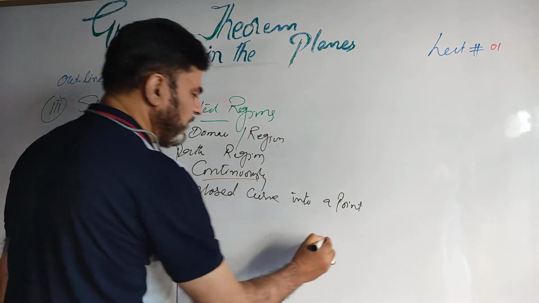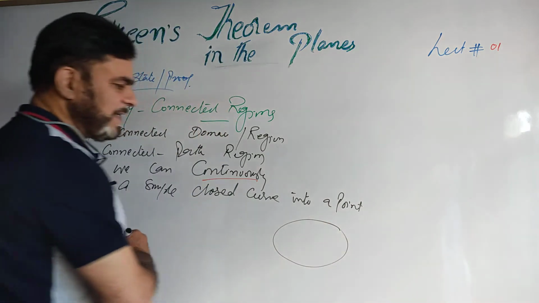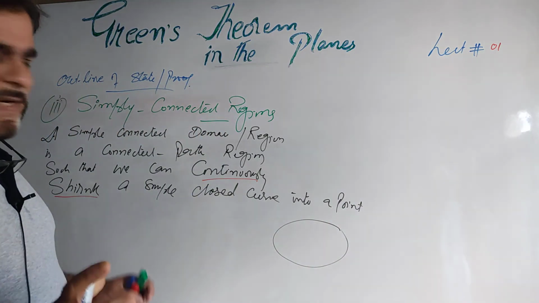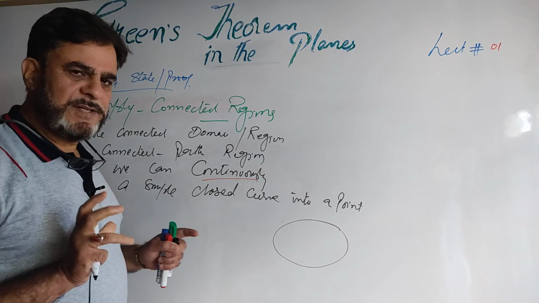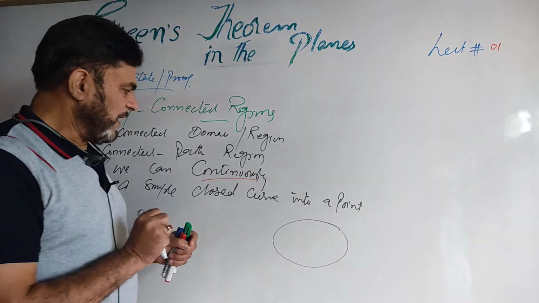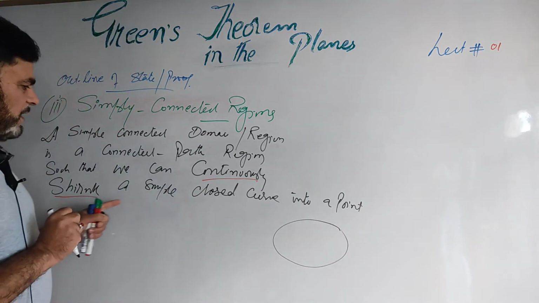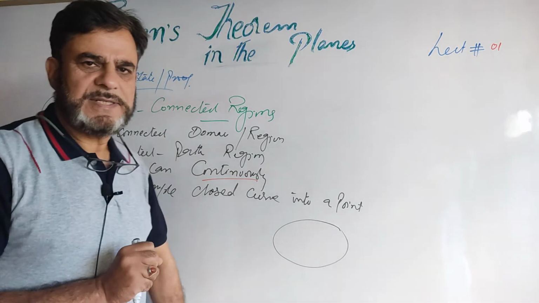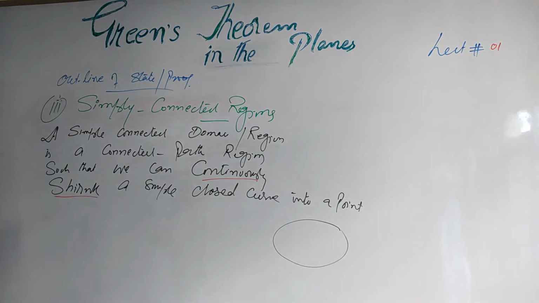That is, when you have a simple closed curve in a domain or region, and you can shrink it, reduce it into a point, then it is known as simply connected.